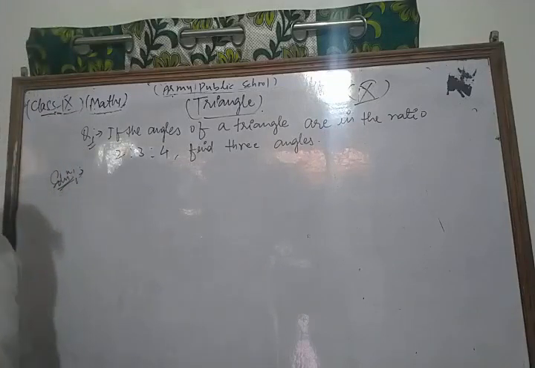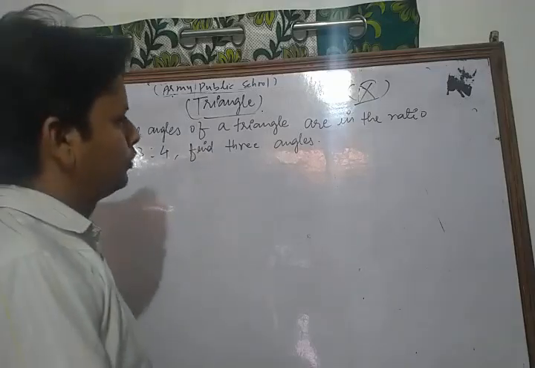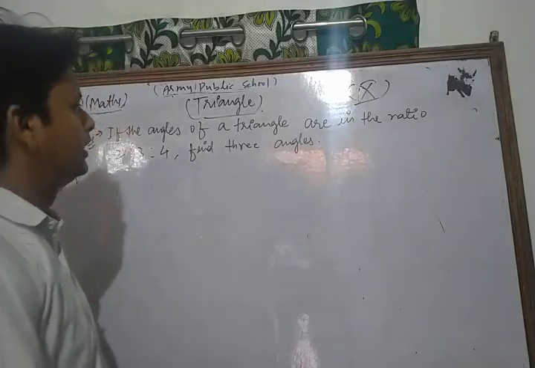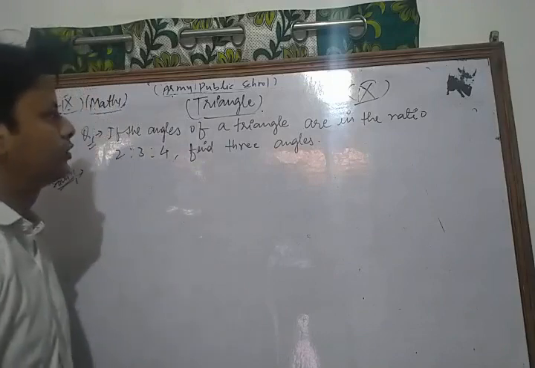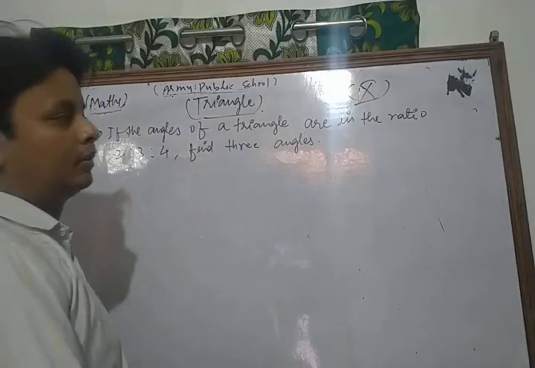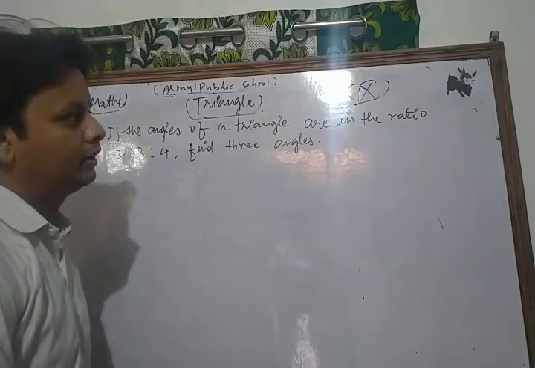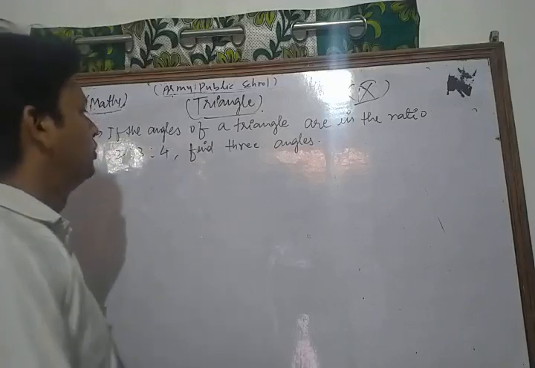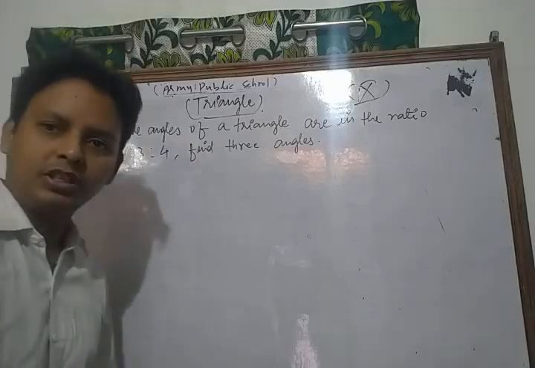What is the process to solve that type of question? Now let's see. The angles of a triangle are in the ratio 2:3:4.